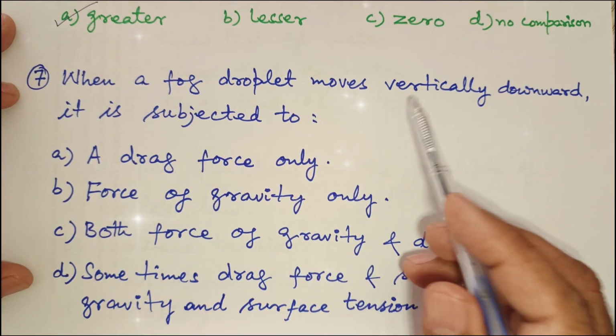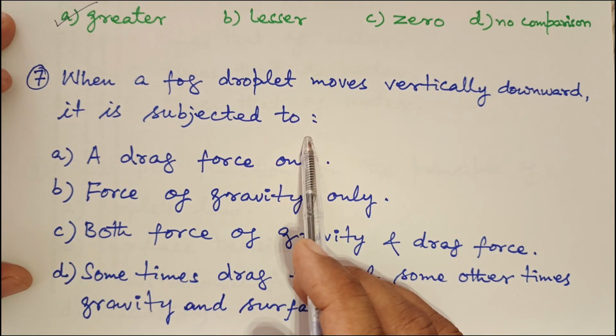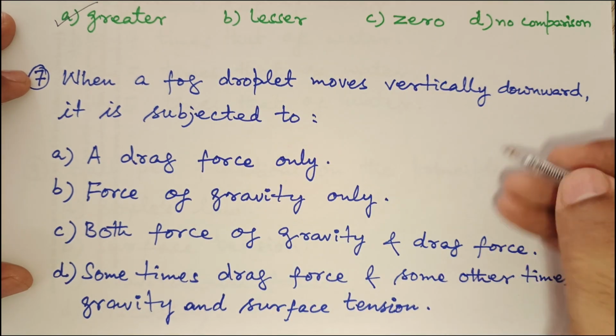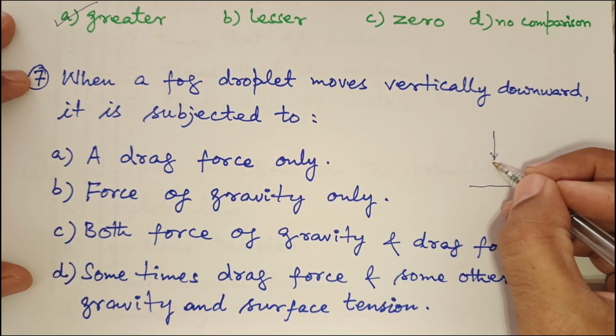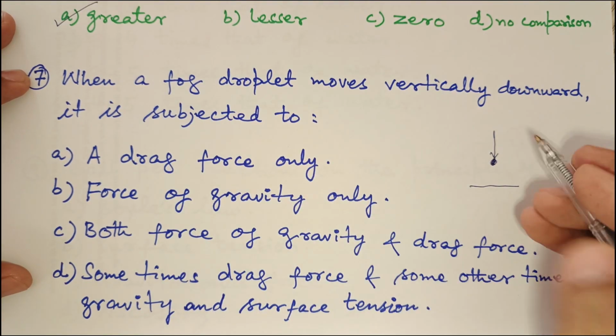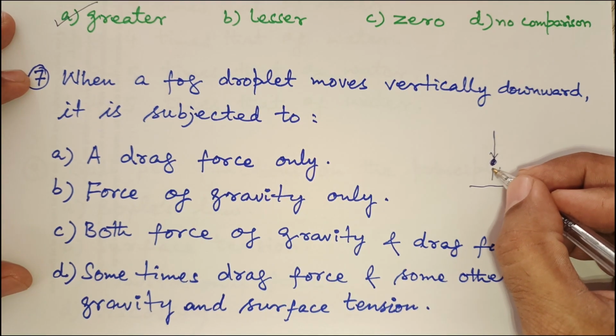When a fog droplet moves vertically downward, it is subjected to, okay, when a fog droplet moves down towards the earth, which forces act on it? A, drag force only. Drag force is the force which acts vertically upwards.